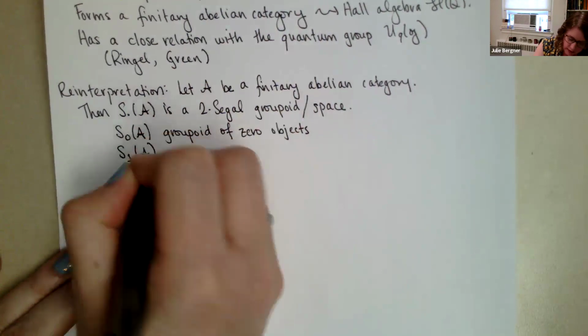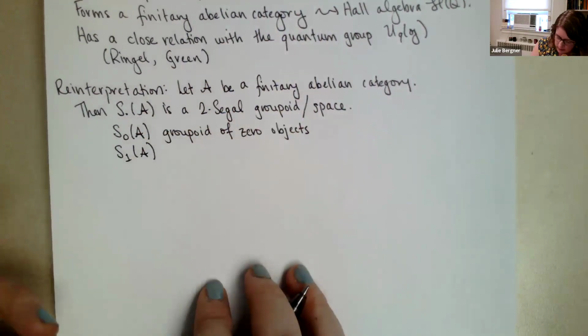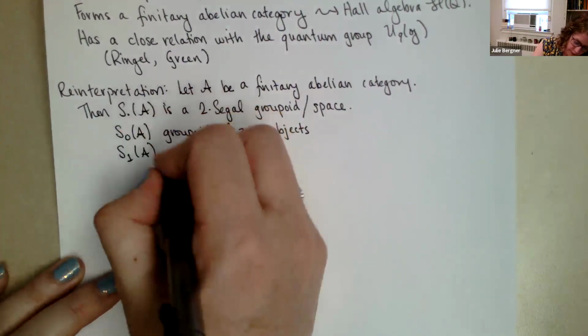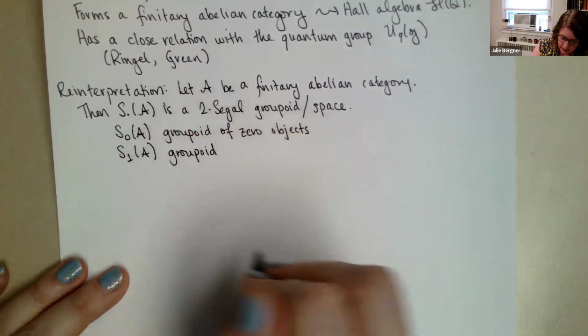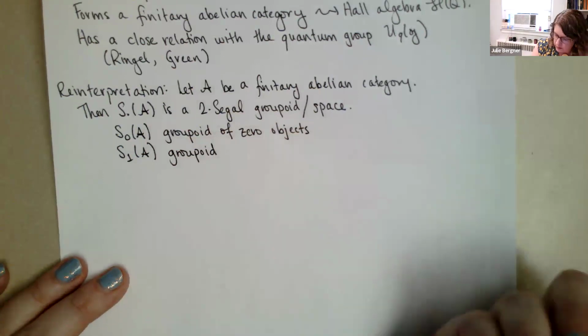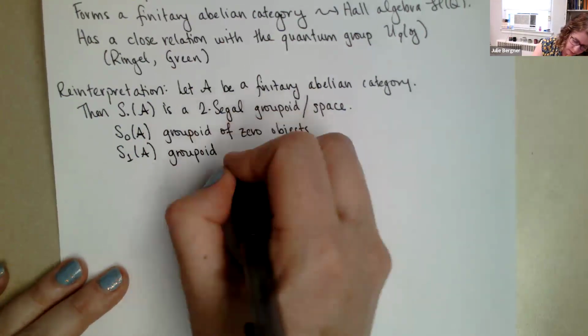S1 of A is just the groupoid of objects. It's a groupoid, meaning you just have maps between objects when they have isomorphisms between them.